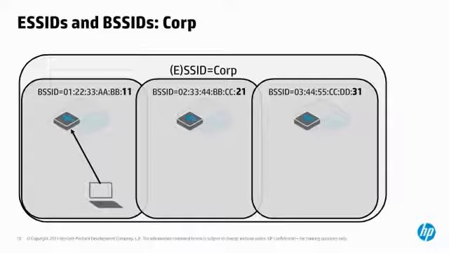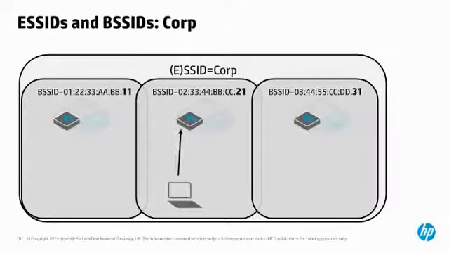As the client walks down the hallway, the signal to BB:11 gets weaker, and the signal to CC:21 gets stronger. At some point, the endpoint's wireless NIC makes the decision to roam, or seamlessly connect, to the new AP. This happens transparently to the end user with negligible packet loss, if any.